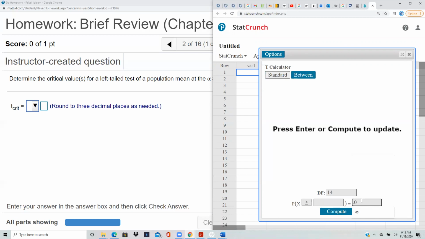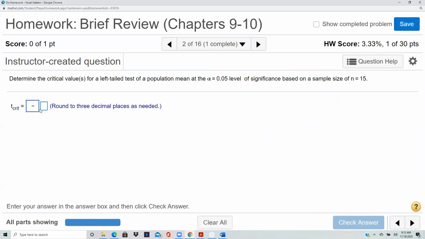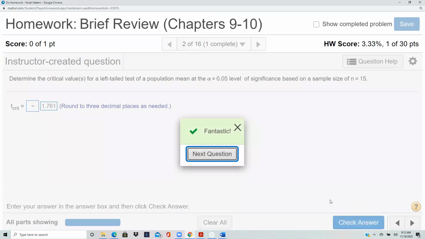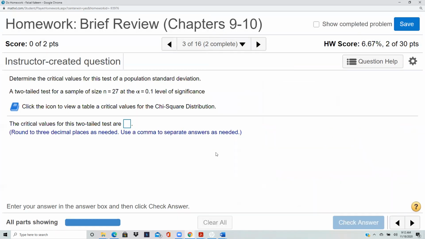And is that all? And it's left-tailed, so you need to change it to a less than sign. Right. So negative 1.761. Negative. Okay.